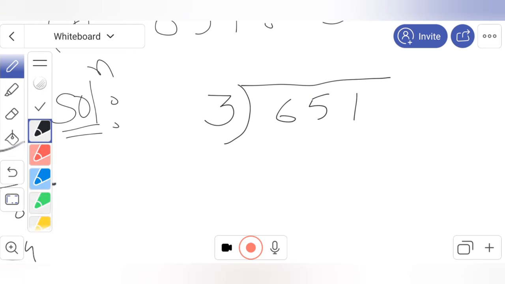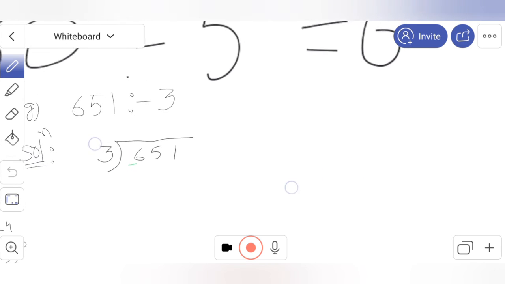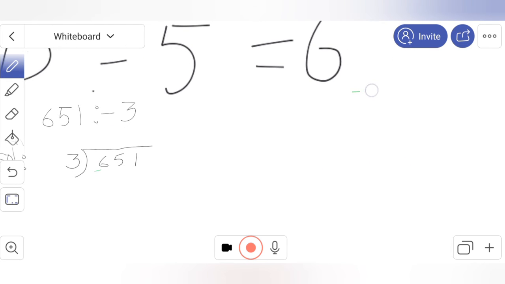So the first digit is 6. 3 into what number will you get 6? For that, go to the 3 table. What is there in the 3 table? 3 ones are 3, 3 twos are 6.